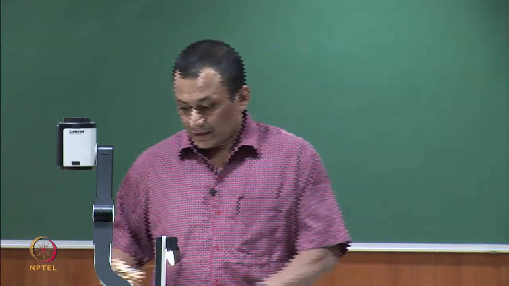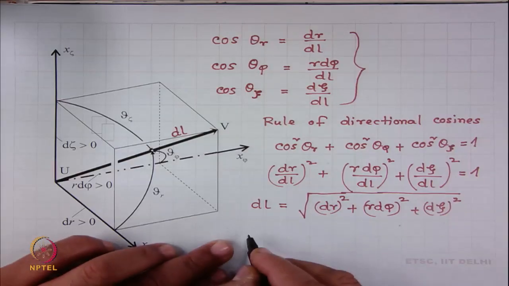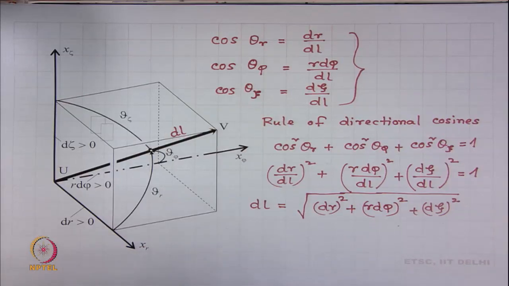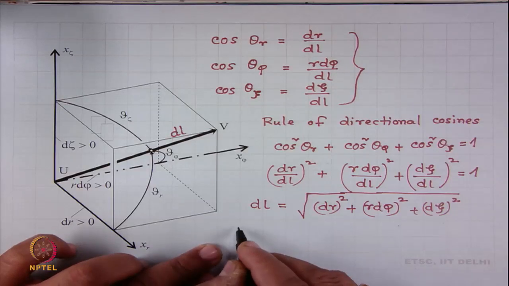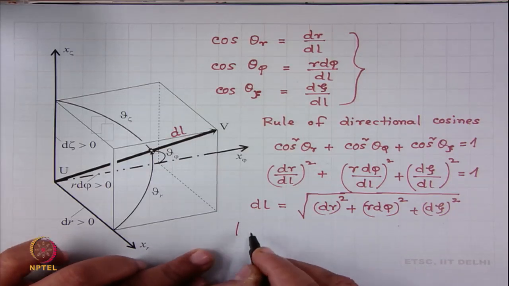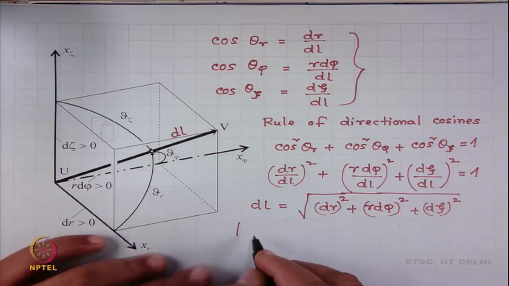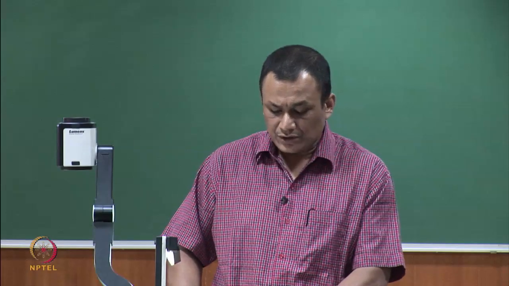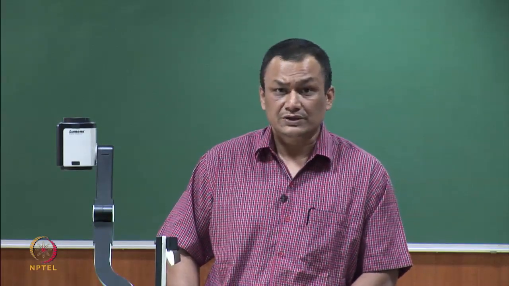So, dl is always positive, however, dr, r d phi, d zeta can also be negative because they can be decrements as well. Therefore, it is better to write in terms of absolute value.